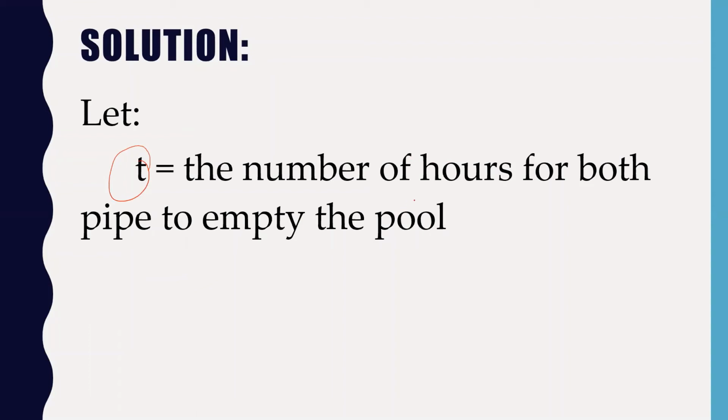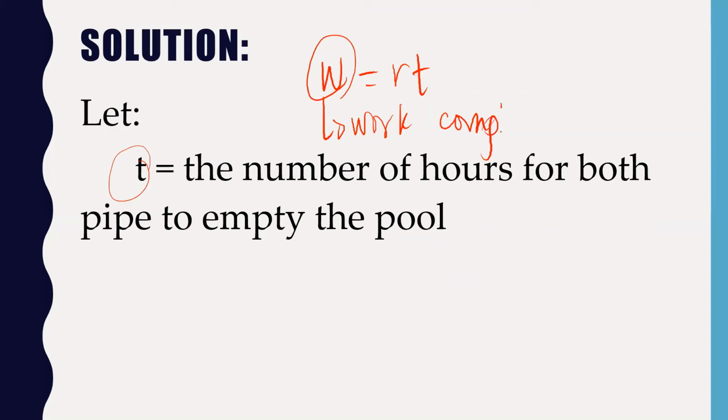Remember that when we're talking about work problem, the formula for work problem is equal to work rate times time. Okay, so this is the work completed. So yung task na dapat i-complete, and this is the work rate. Work rate means gaano ba kabilis.